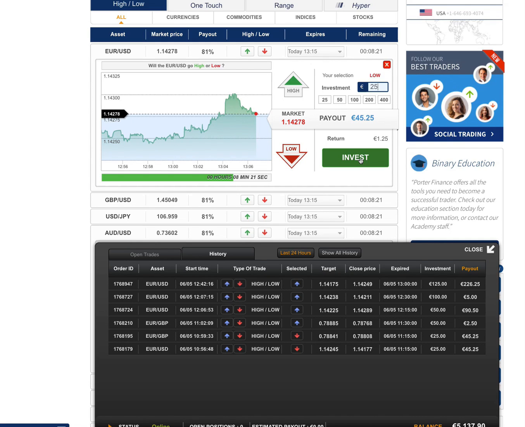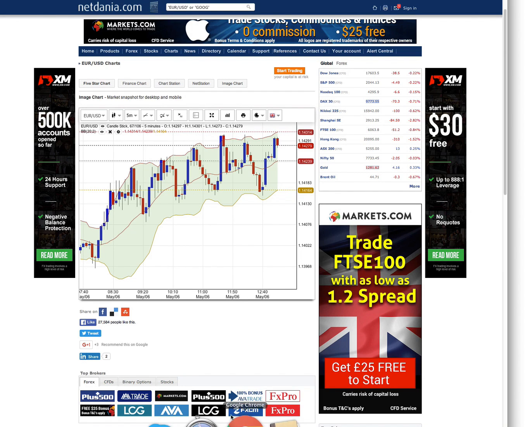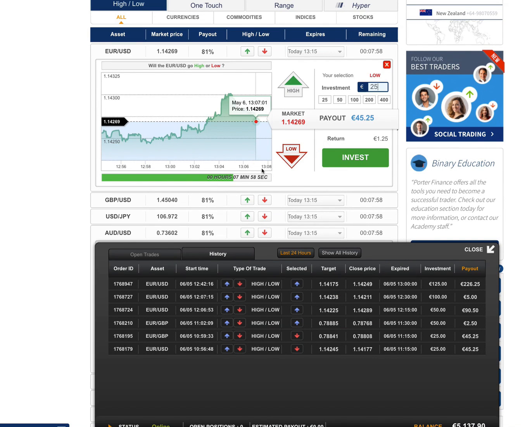Let's wait for this a bit. I'm really not sure about this yet. It could just be a little pullback, but no, I think it's going to keep going lower. So let's just take a look.